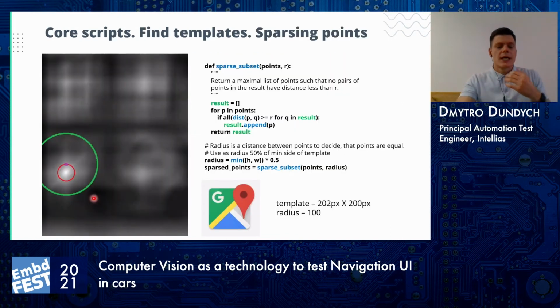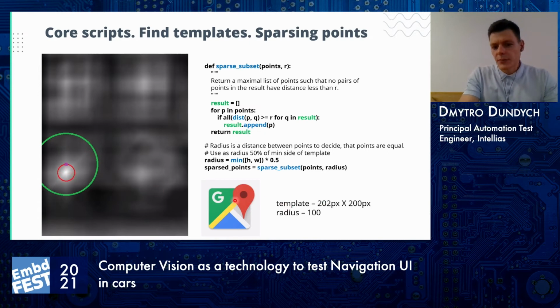First of all, we built some scripts to match a template, for example, and we find that if we select our threshold at 80%, a lot of points pass this threshold.